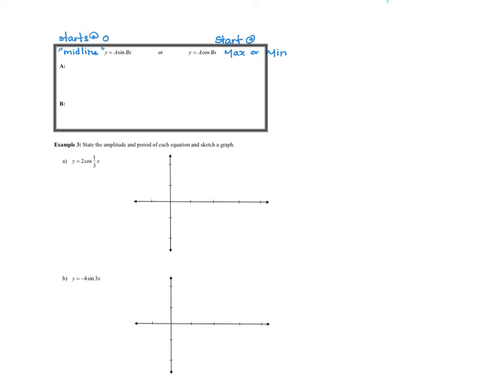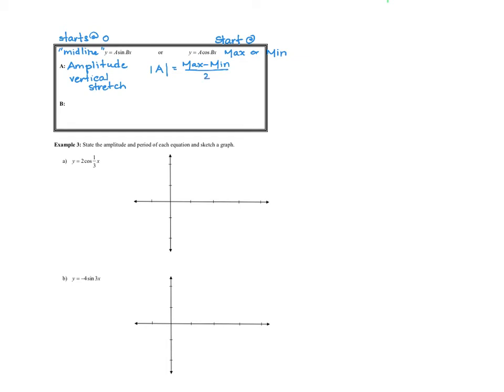We found out that A stands for amplitude, which has to do with the vertical stretch, and we find the absolute value of the amplitude by subtracting the min from the max and dividing by 2.